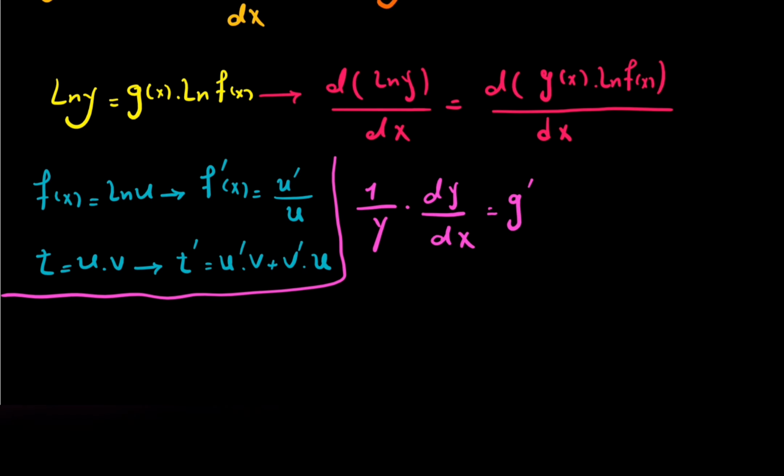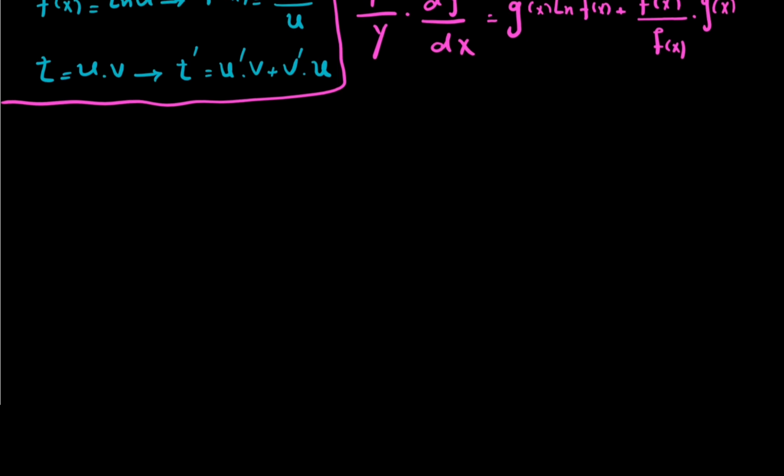And on the right side we can write the derivative of the first one, g prime x times ln f(x), plus the derivative of the second one, which is f prime x divided by f(x), times g(x), the first one. So it means we found the solution.